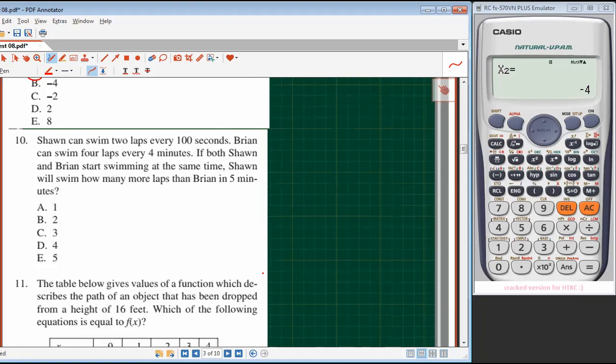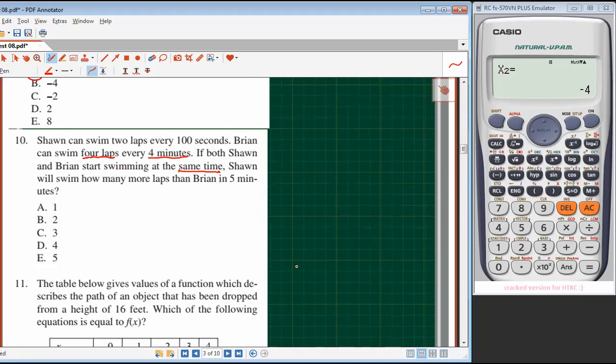Question number 10. Sean can swim 2 laps in 100 seconds. Brian 4 laps in 4 minutes. Sean and Brian start swimming at the same time.